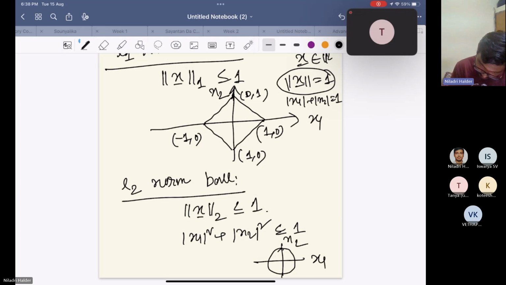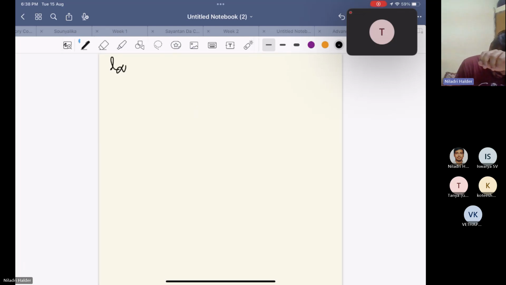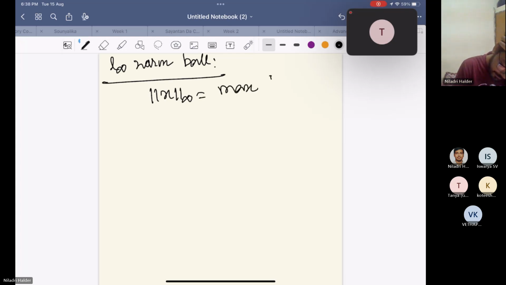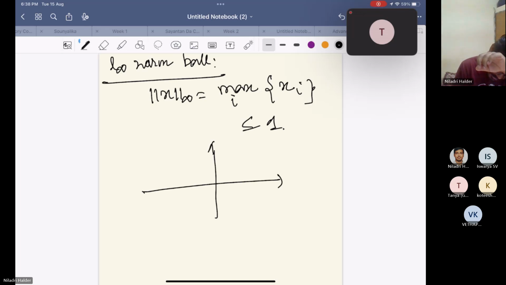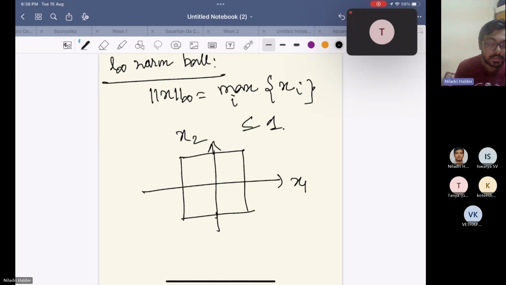This is the L2 norm ball. And what should be the L infinite norm ball? The L infinite norm means max of mod of xi equal to 1. So it will come out as a square, actually a proper square.